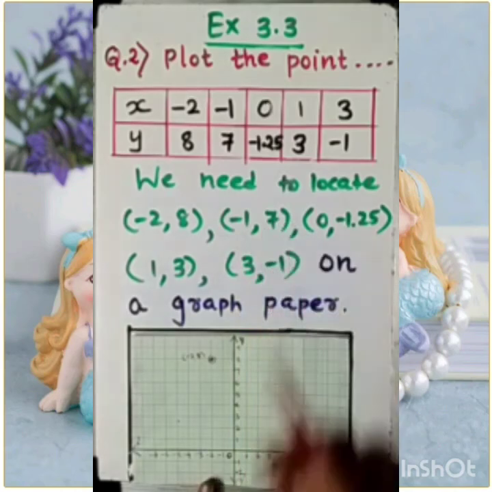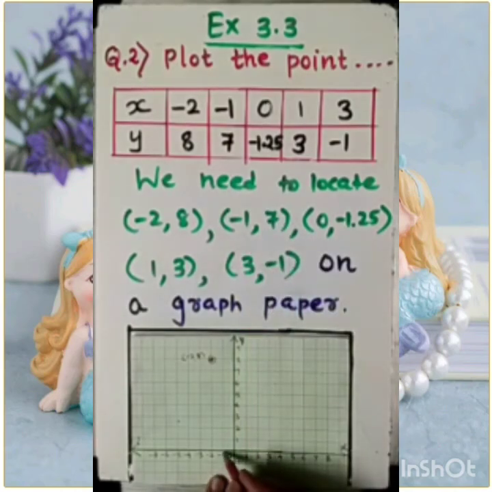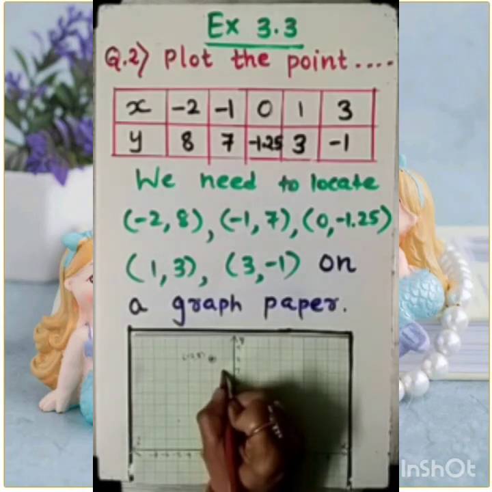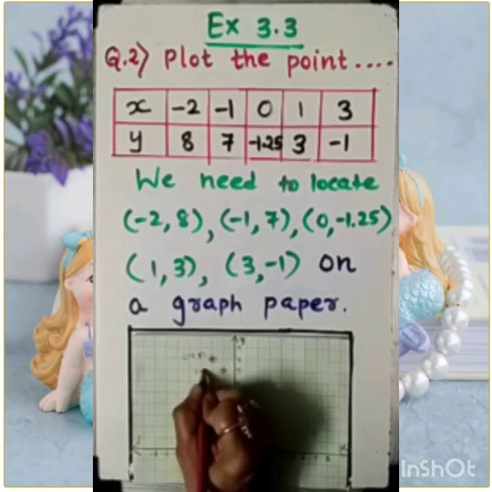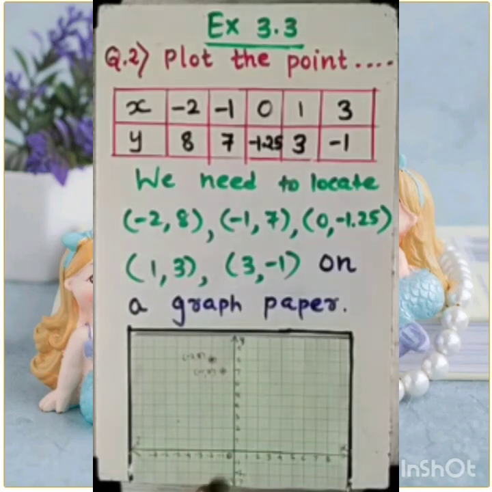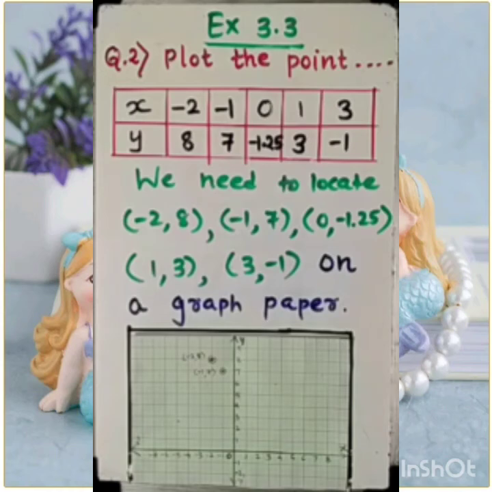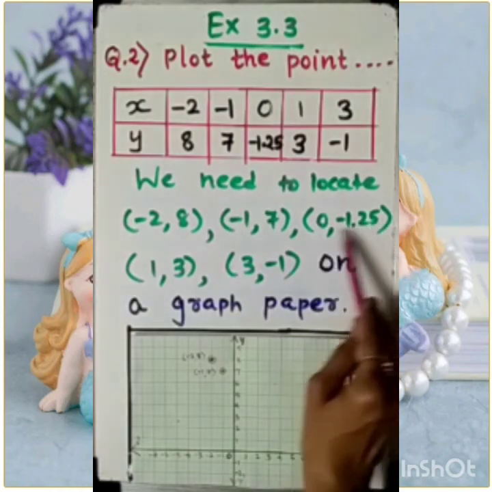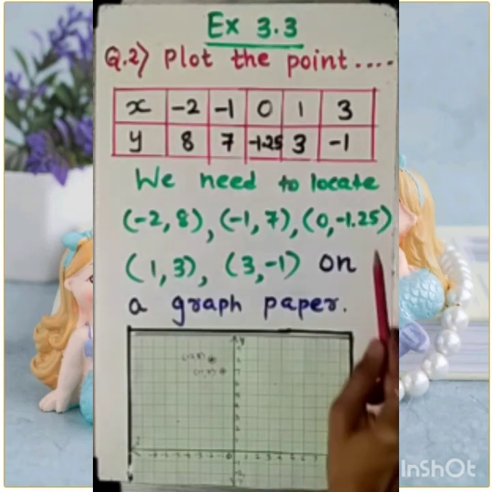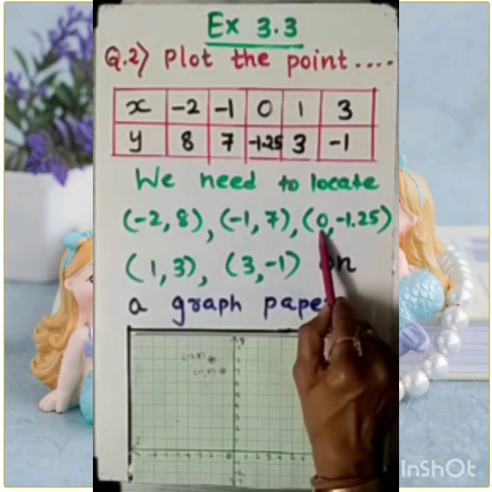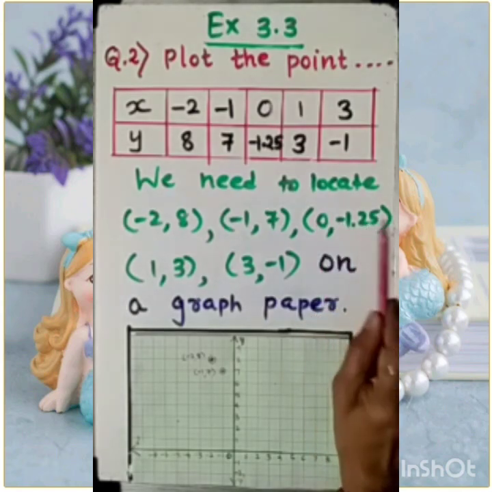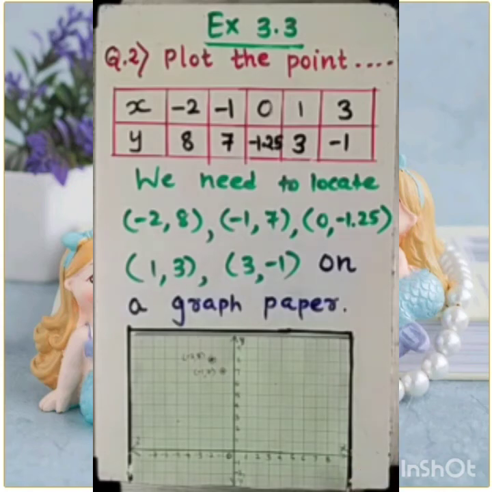Second point, -1, 7. Again, it will lie in the second quadrant: -1 on the x-axis and 7 on the y-axis. So the second point, -1, 7, will be there. Now, next point, 0, -1.25. As it is, it will lie on an axis. But on which axis? As the x coordinate is 0, this point will lie on the y-axis.